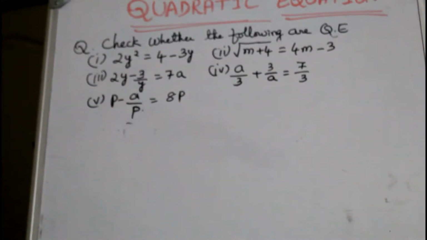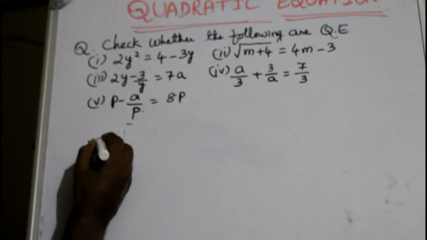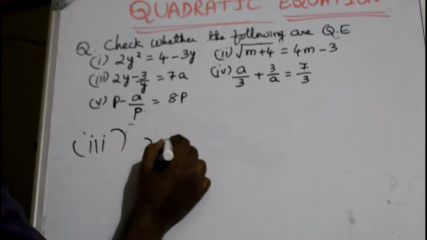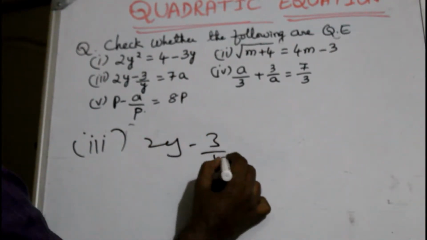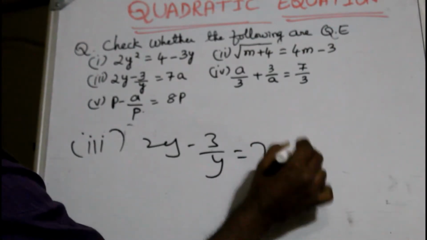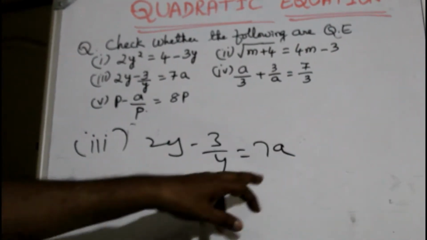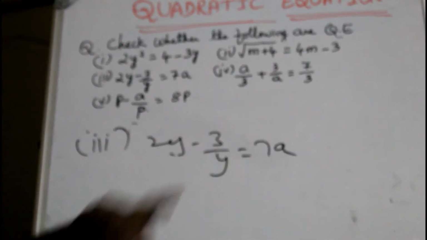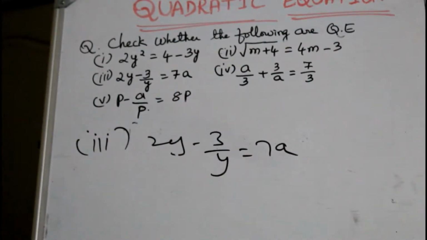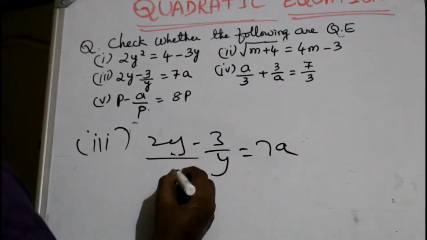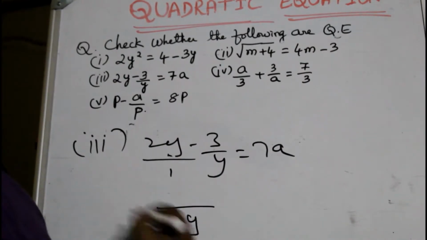We'll do the third sum. The third sum says 2y minus 3 by y equal to 7a. Don't get frightened about the letter a here, because there are two variables. First we will try to bring it to the standard form. So 2y you put by 1, the LCM is y.